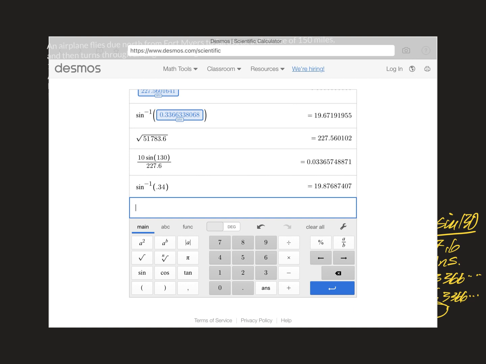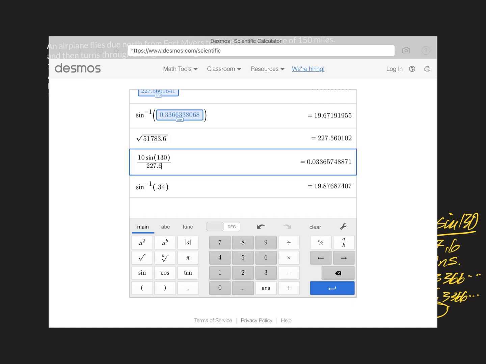So what I've done is I've compounded my round off error by rounding off in each step. If I round off in each step, then the final answer ends up being off.